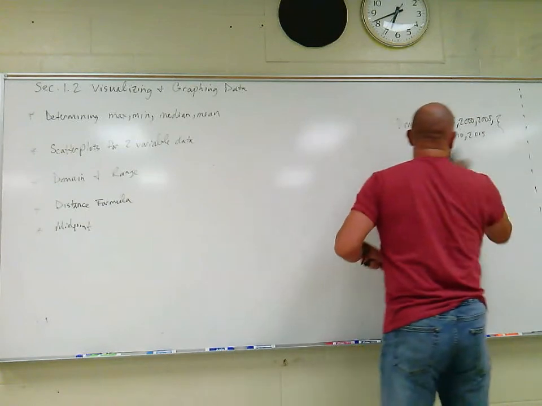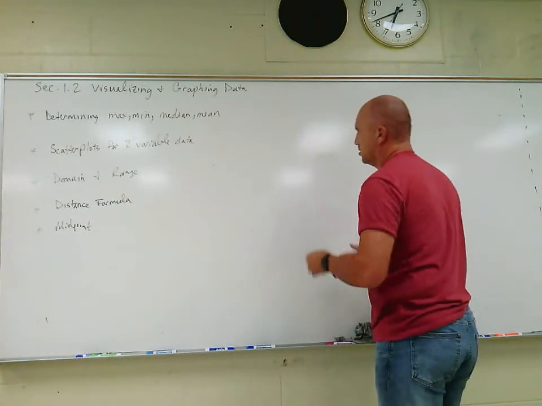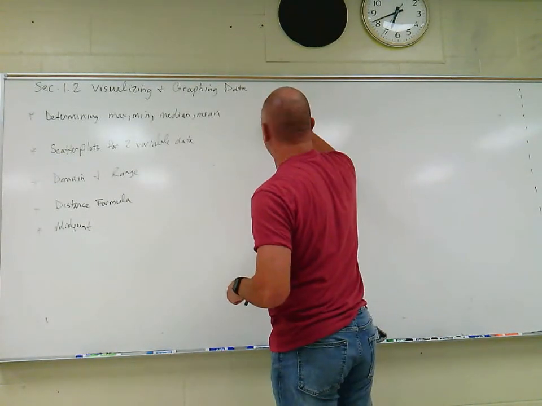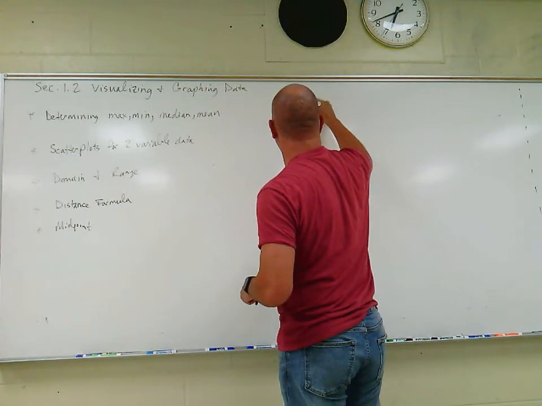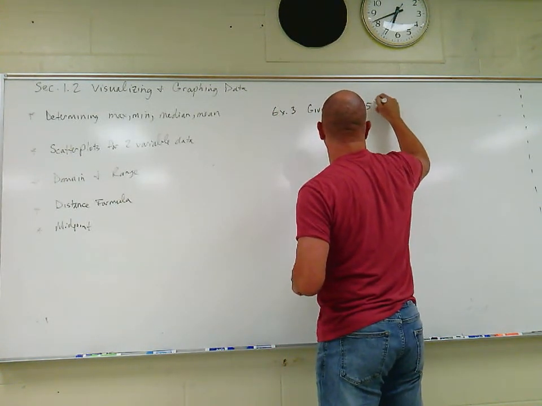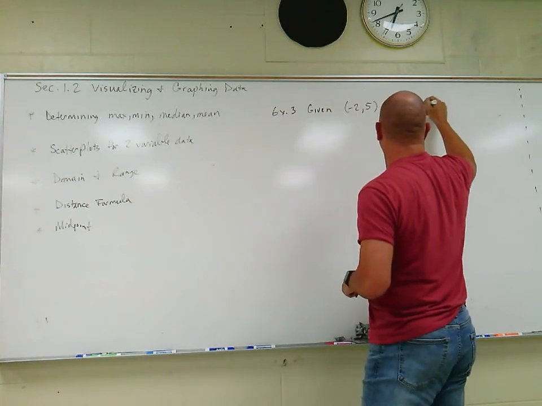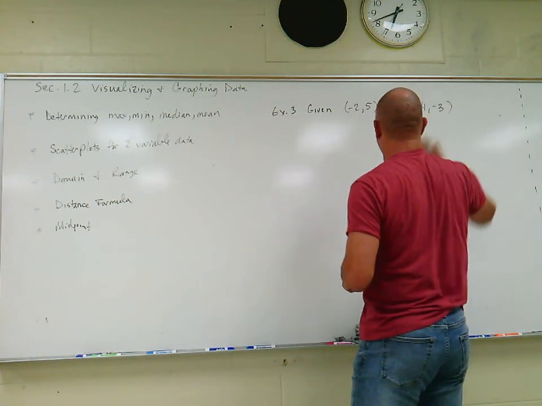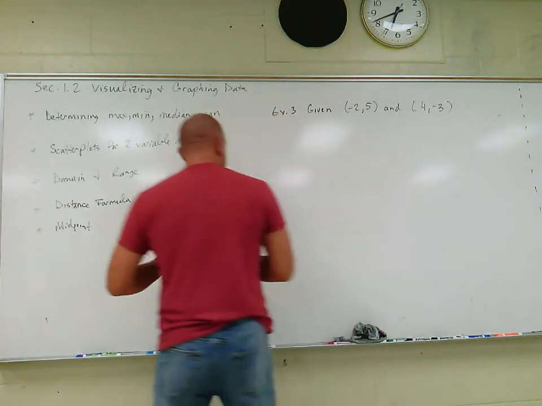Let's say we've got 2 points. We'll call this example first. Given, let's say you got the points -2, 5, and 4, -3. So you got 2 points there.